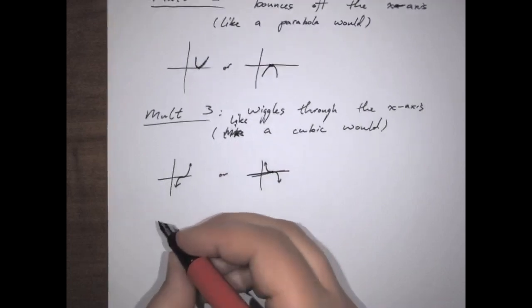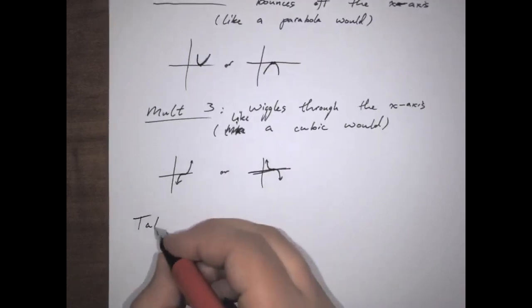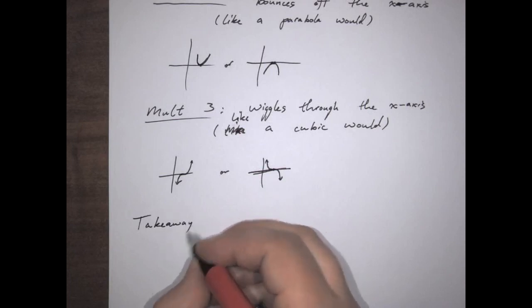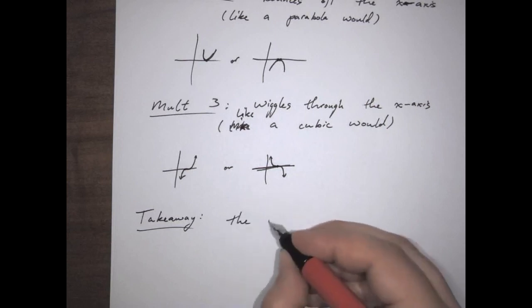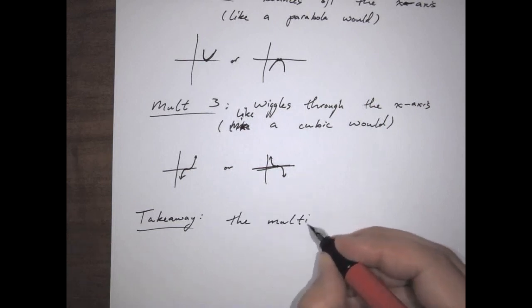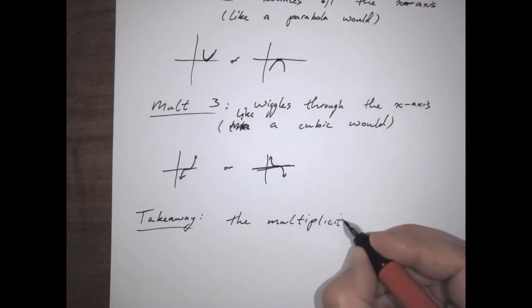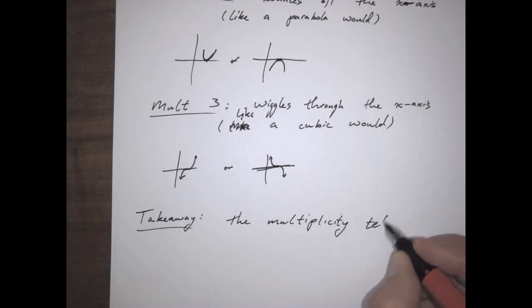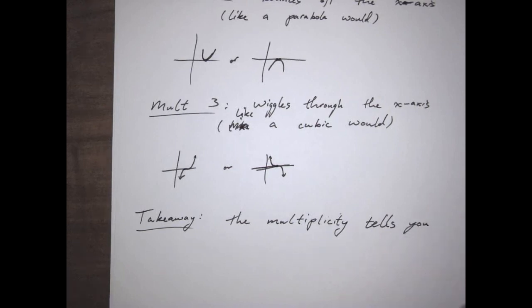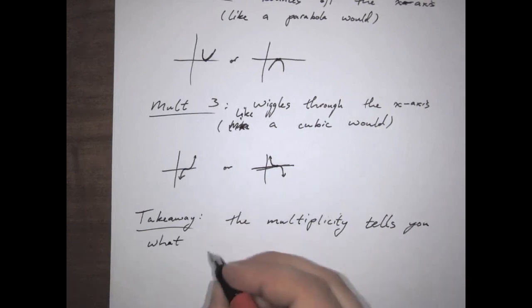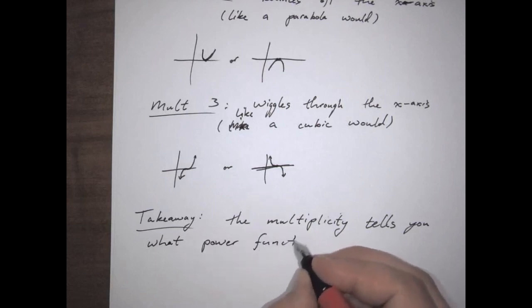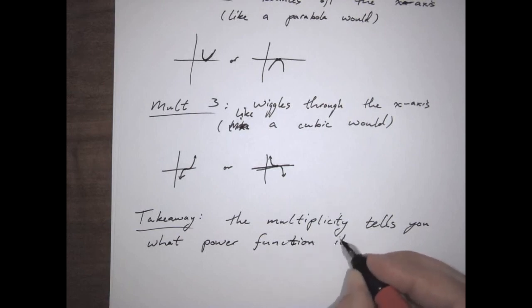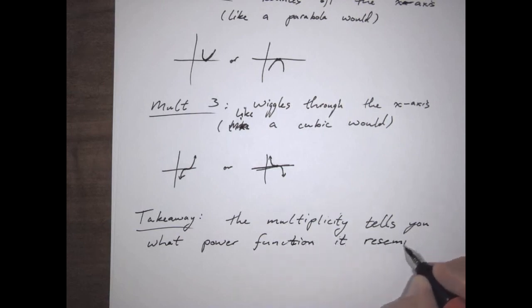So the summary here, the takeaway: the multiplicity tells you what power function it resembles at that point.